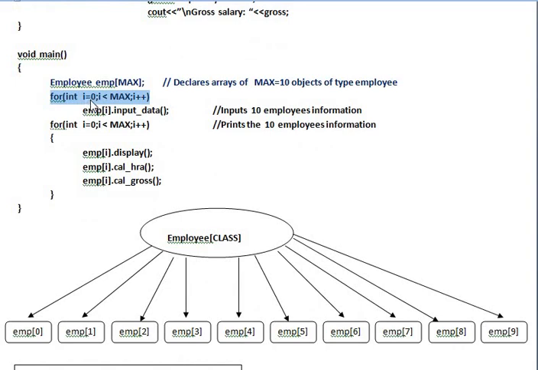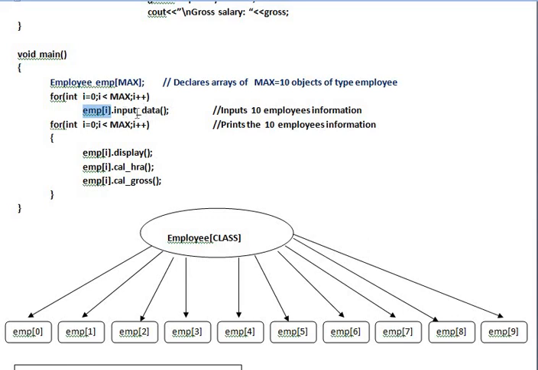The very first value for i shall be 0, and for i equal to 0, when it enters inside this for loop, emp[i] becomes emp0, which is the first object. Now using the first object emp0, I am trying to access the member function input_data. Now the question is, is this object given the permission to access this member function?